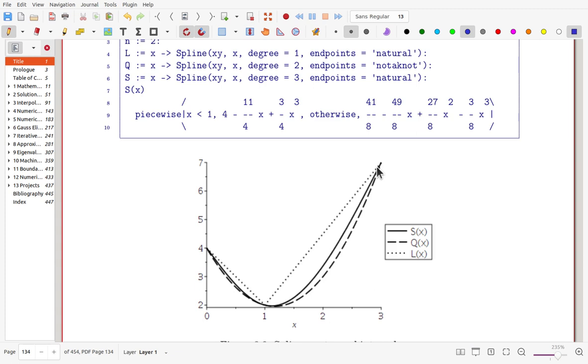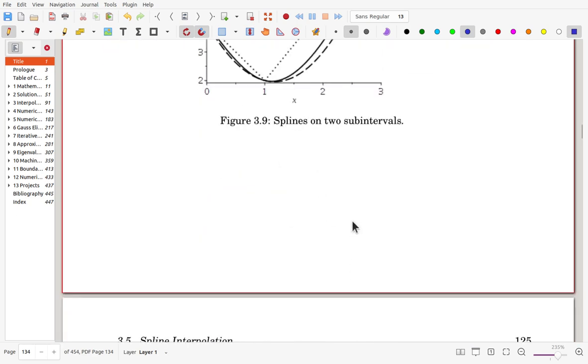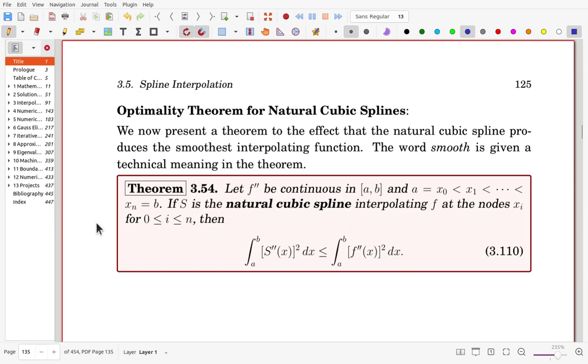It also has some optimality property, and in an average sense, the curvature of natural cubic spline is not larger than the curvature of the original function. Let's see the theorem. Optimality theorem for natural cubic spline.